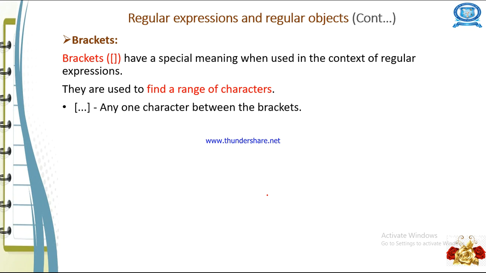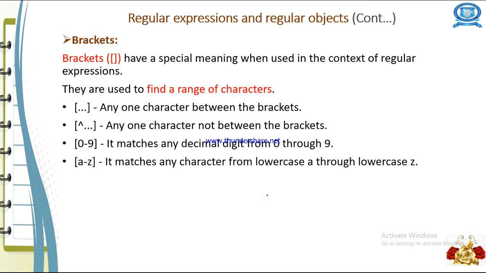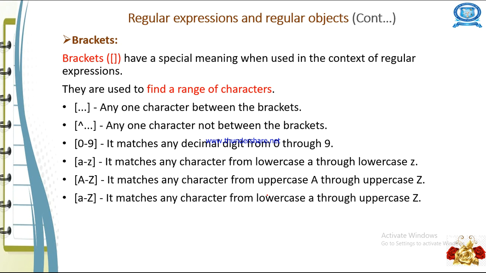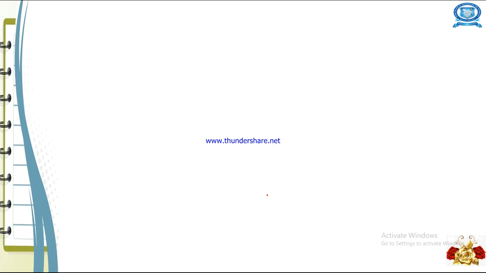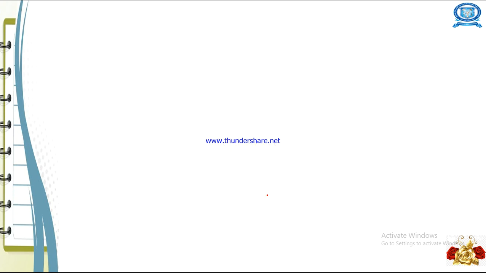For example, [abc] represents any one character between the brackets, and [^abc] any one character not between the brackets. [0-9] matches any decimal digit from 0 to 9, [A-Z] uppercase, [a-z] lowercase, and [A-z] lowercase through uppercase. That's all. Some of the brackets used in regular expressions.